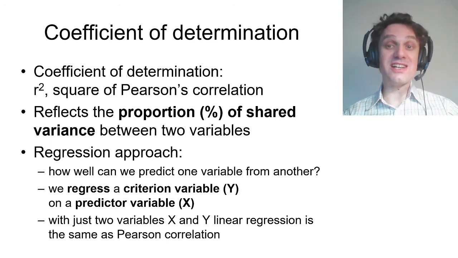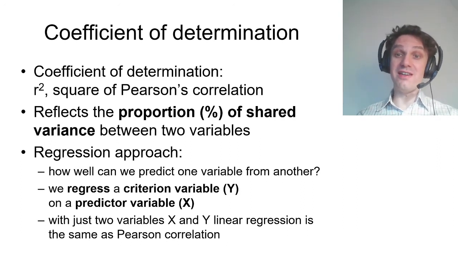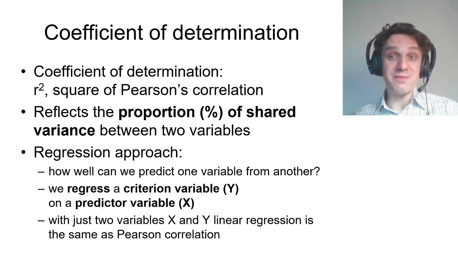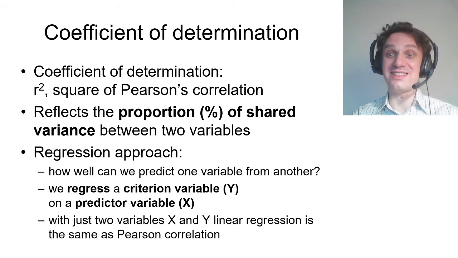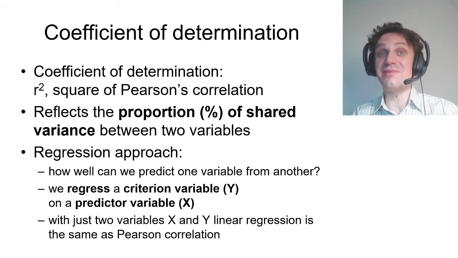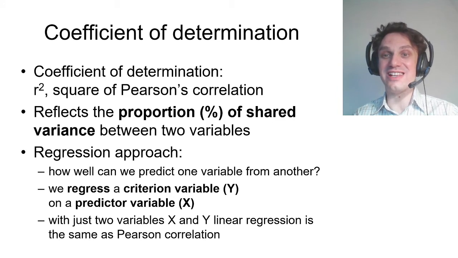However, when we just have two variables, x and y, basically there is not much of a difference between correlation and regression. Essentially, it's the same analysis. The standardized coefficient for your linear regression will be exactly the same as Pearson correlation.